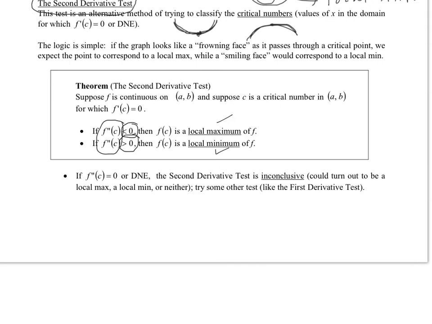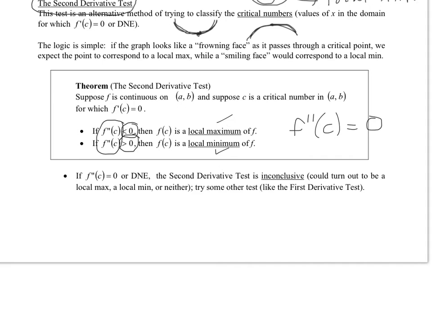Now you should be wondering, what if you plug that critical number into the second derivative and you get a 0? You're probably thinking that that must imply that we've got ourselves a plateau, a point that is neither a local maximum nor a local minimum.